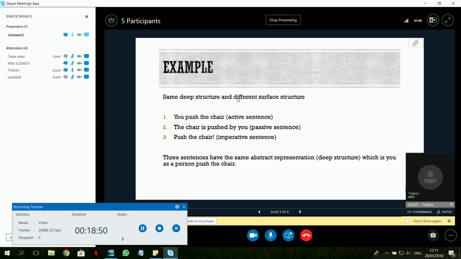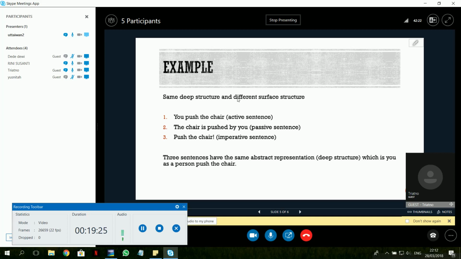Representation. Okay, thank you. Deep structure, it means the real meaning. Artinya itu apa? Deep. Makanya deep structure itu maknanya apa sebenarnya?